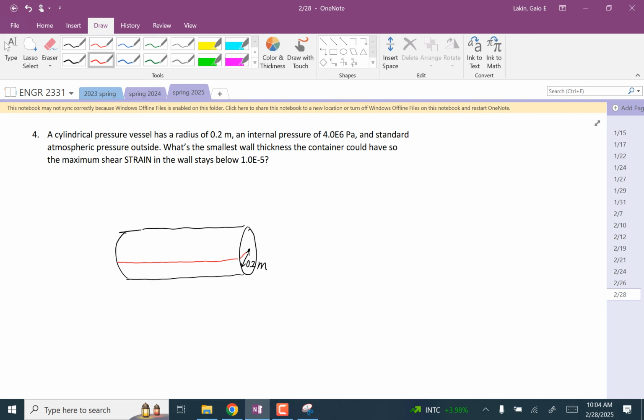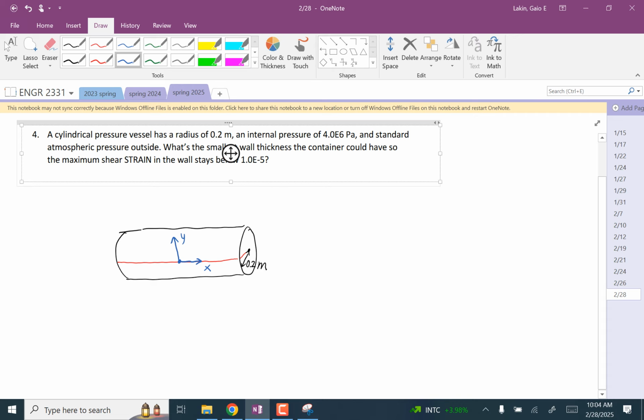But okay, so say we're looking at this point here. We have a normal stress along that, a normal stress along that, and those two are both tangent to the surface. And then we have the outward facing normal.